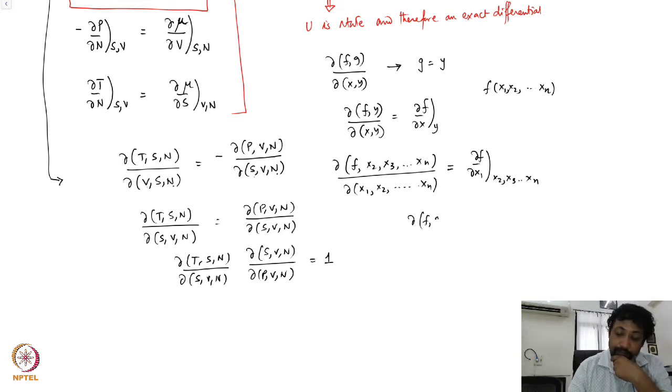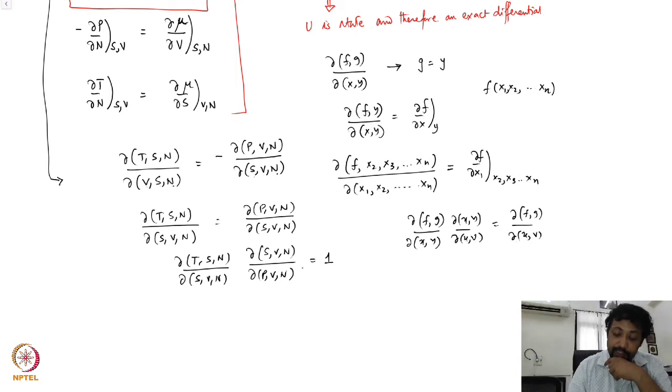Now remember, del of f,g, del of x,y, del of x,y, del of f,g is equal to, sorry, not this one. The result I want to use is del of x,g, del of x,y, del of x,y, del of u,v is equal to del of f,g, del of u,v.